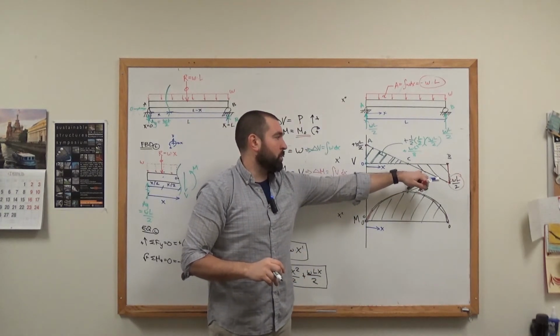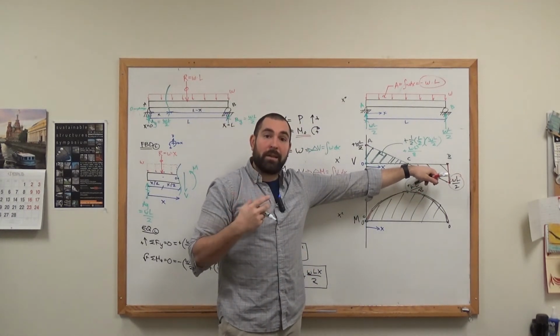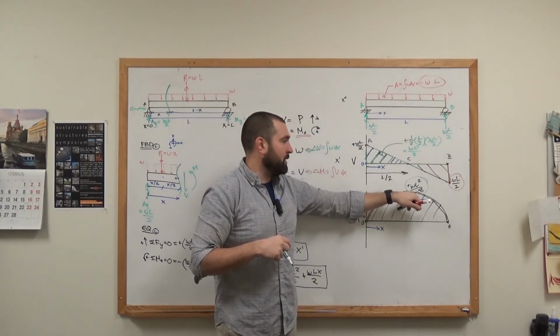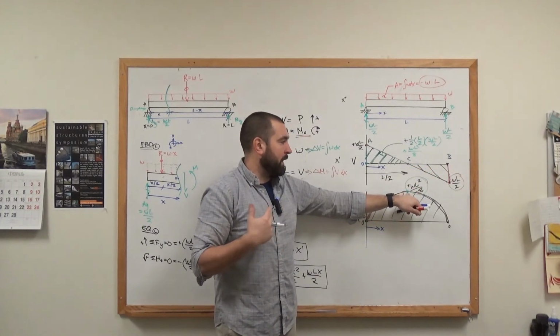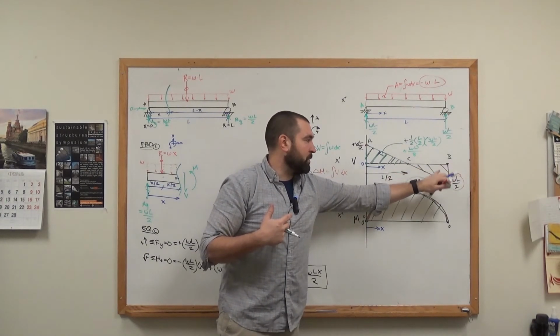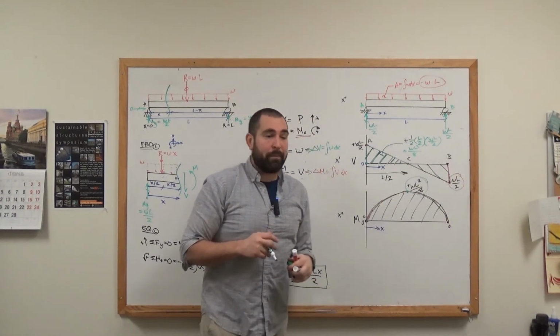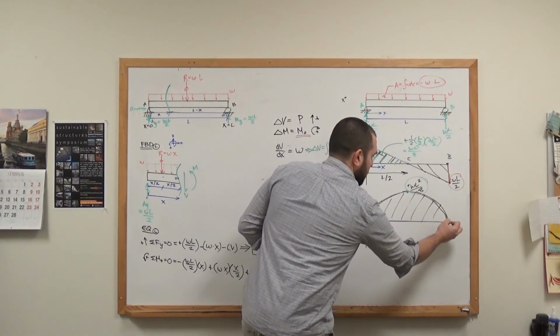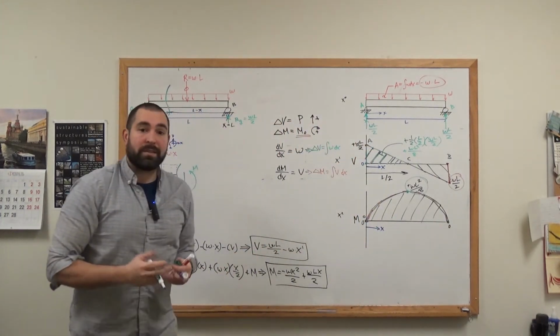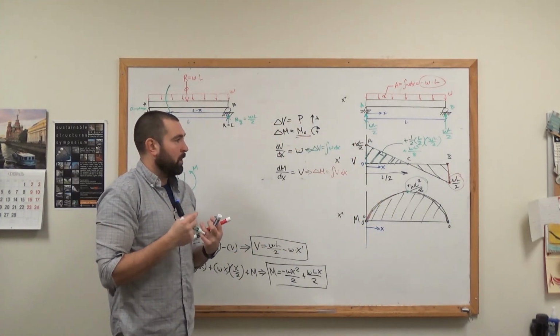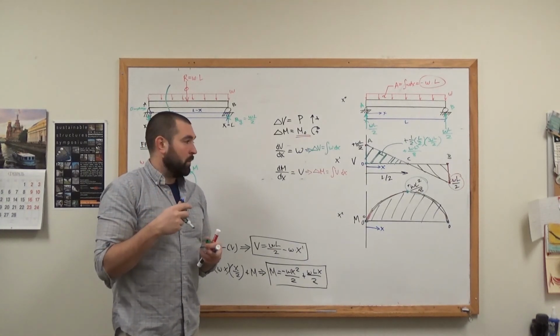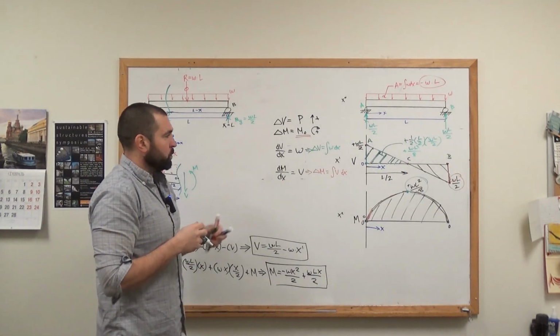And you can see due to symmetry that this is going to be the same magnitude, but on the negative side. So I go from positive WL squared over 8 minus WL squared over 8, the area of this triangle, and I end up right back here at 0, which is what our procedure tells us has to happen for both shear and moment. Start at 0, end at 0, and then follow all of these rules in between.